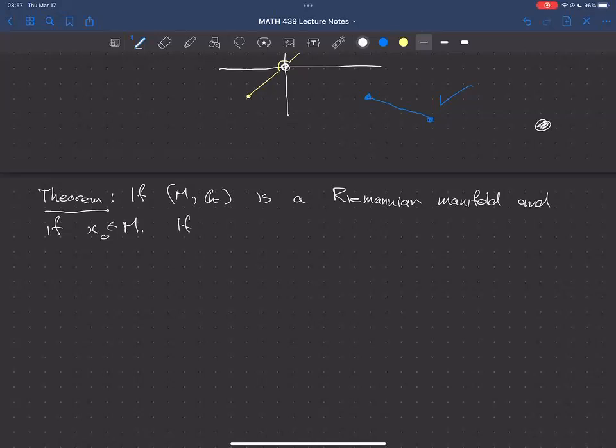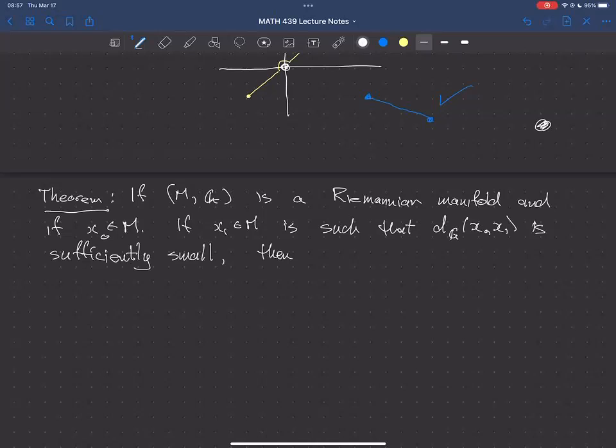Now, what I'm saying is that if X1 in M is such that D_G(X naught, X1) is sufficiently small, and I just mean that there exists some distance such that if you're less than that distance, then the following holds: the G distance between X naught and X1 is L_G of gamma for a geodesic gamma.